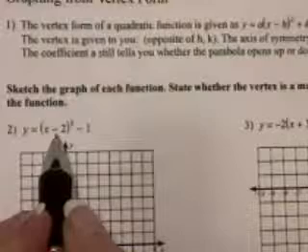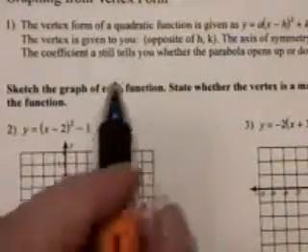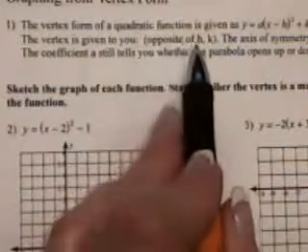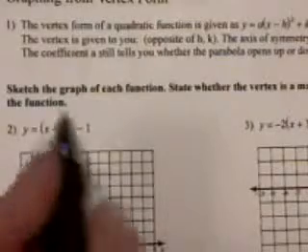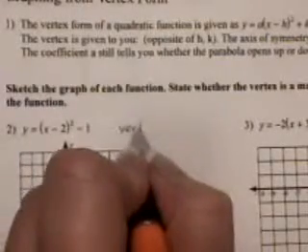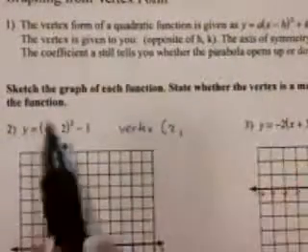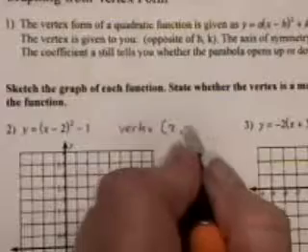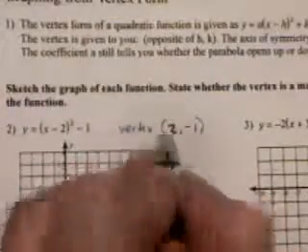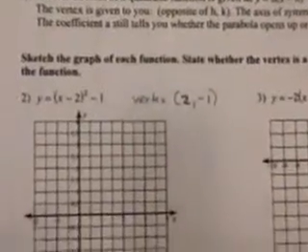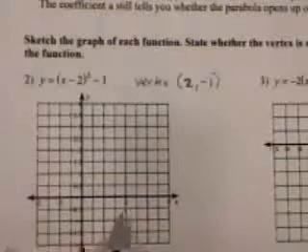My vertex is the opposite of h, so the opposite of negative 2 is 2, comma, k. In this case, k is negative 1. So my vertex is at 2, negative 1. So I'm going to go down to my graph and plot the point at 2, negative 1.